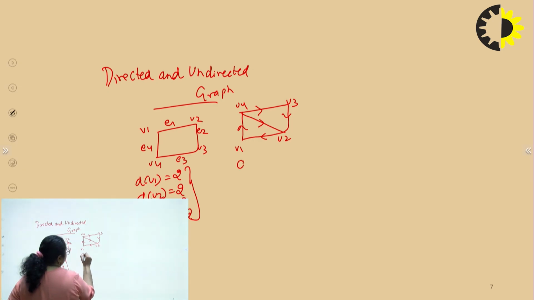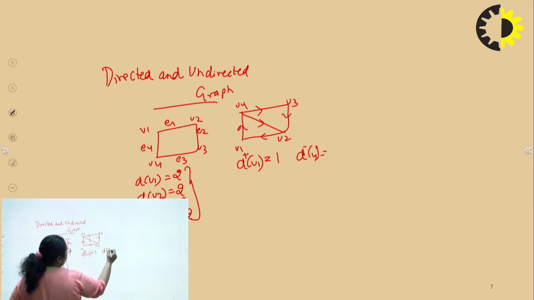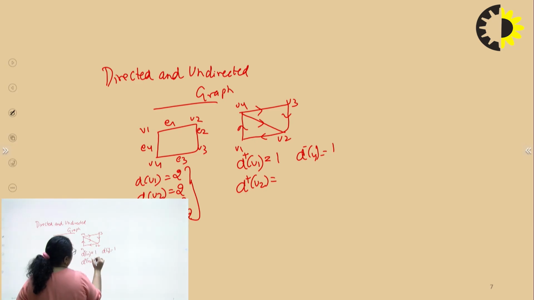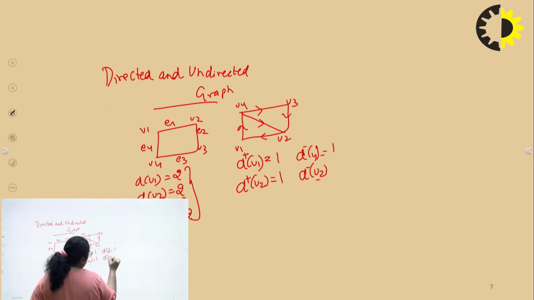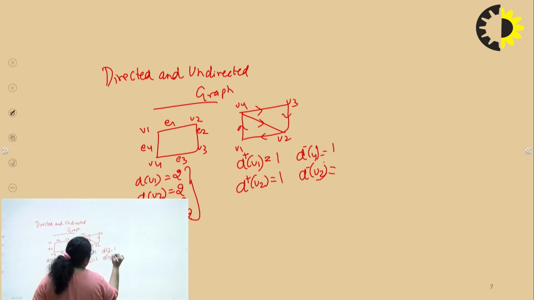Now if we look for the incoming degree of vertex V1, the number of edges coming into V1 is 1. Incoming is denoted by plus, and the number of edges outgoing from V1 will be 1. Now for V2, the number of edges incoming in V2 is 1, so the incoming degree is 1, and the number of edges outgoing from V2 is 1.